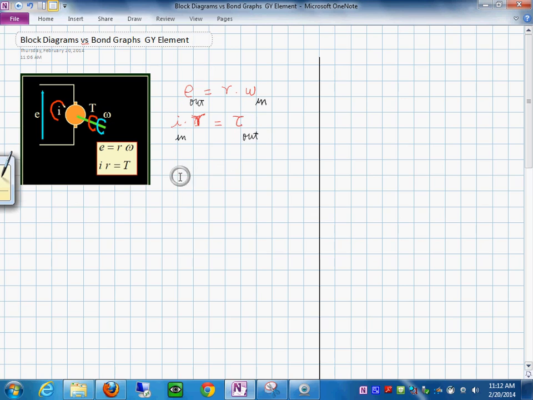What I would say to do the block diagram, let's write properly the constitutive equations. Okay, so this is going to be our block diagram side, and this is going to be our bond graph side here. Okay, so here we go.